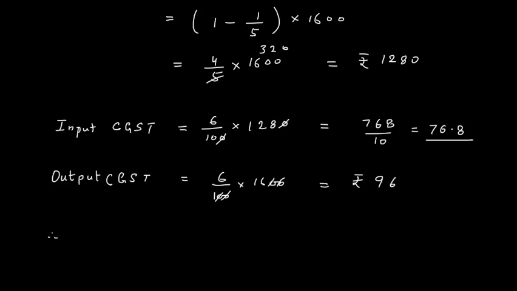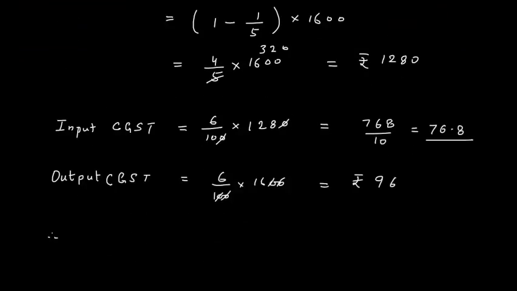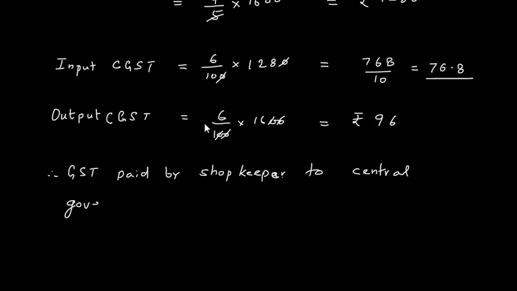So therefore GST paid by the shopkeeper to the central government is equal to output CGST minus input CGST.